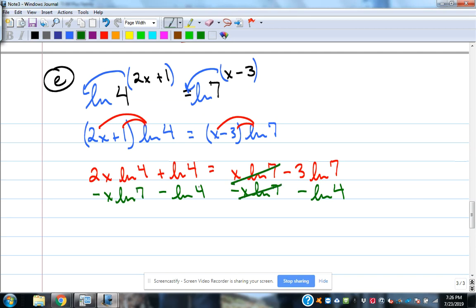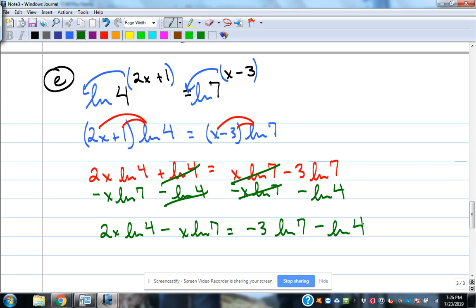So that cancels that. This cancels that. And there we have 2x natural log of 4 minus x natural log of 7 is negative 3 natural log of 7 minus natural log of 4. So I've taken everything that had an x and moved it to the left side, and everything that didn't have an x and moved it to the right side.